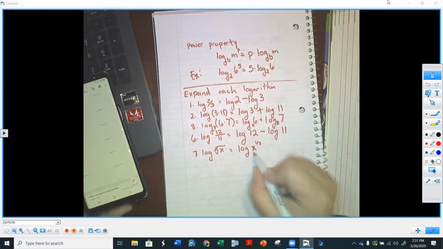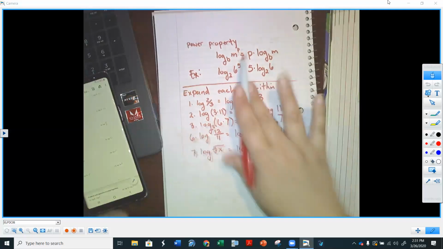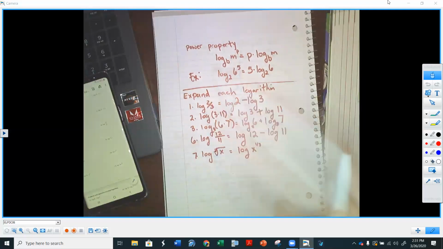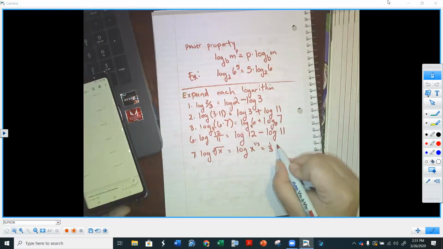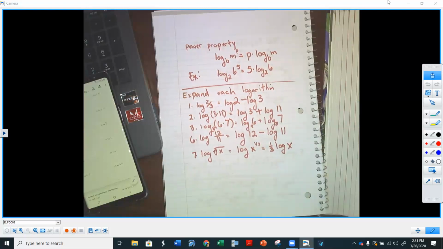And from our power properties, we need to remember that whatever number we have up top for our exponent gets to come out front. So this whole answer is just going to be 1/3 log x, and no more 1/3 up there. It's just up front. Sometimes we're going to be given numbers and other pieces that we can simplify a little bit more. When we get to those, we'll worry about those.